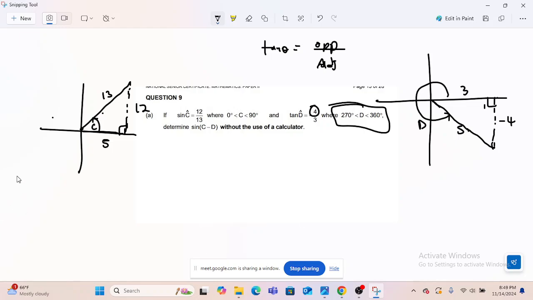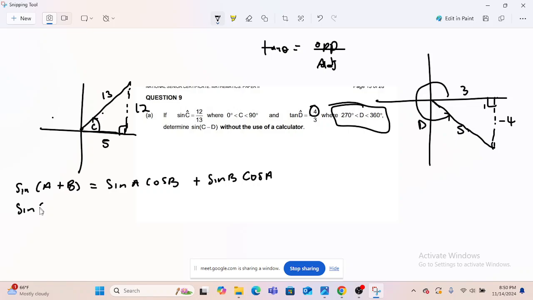What you need to know is that if you have sine A plus B, that is equal to sine A cos B plus sine B cos A. Understand?